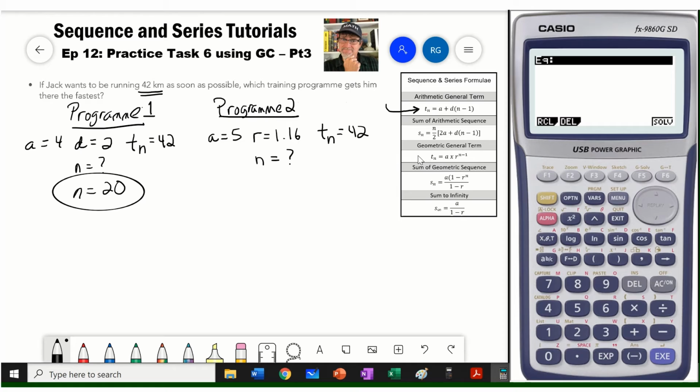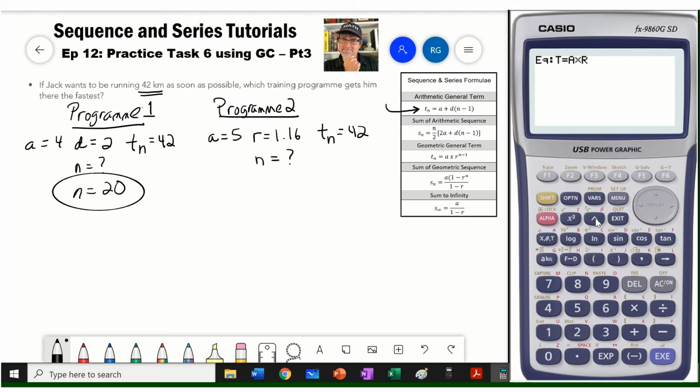So it's t equals a times r, and that r is raised to the power of n minus 1.